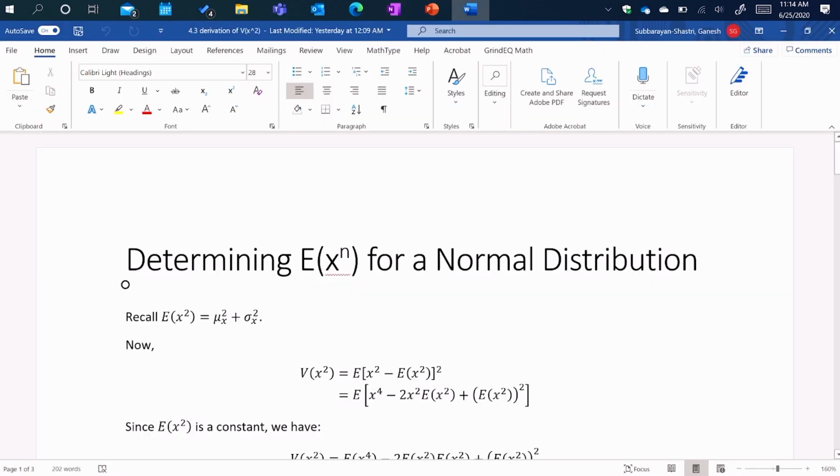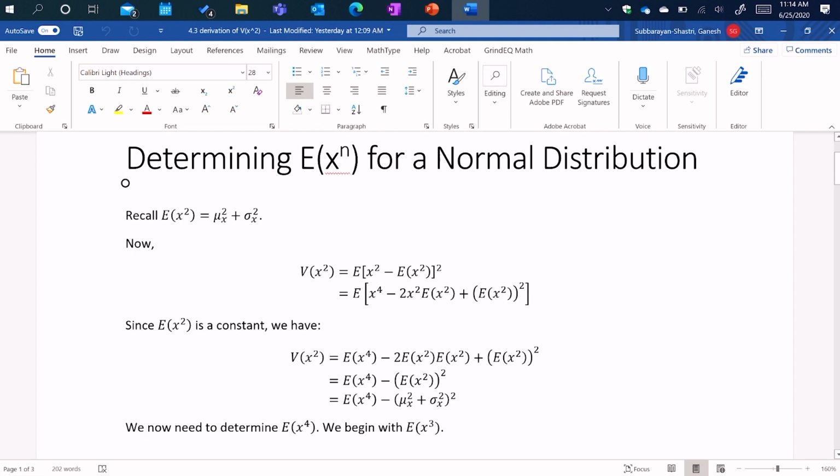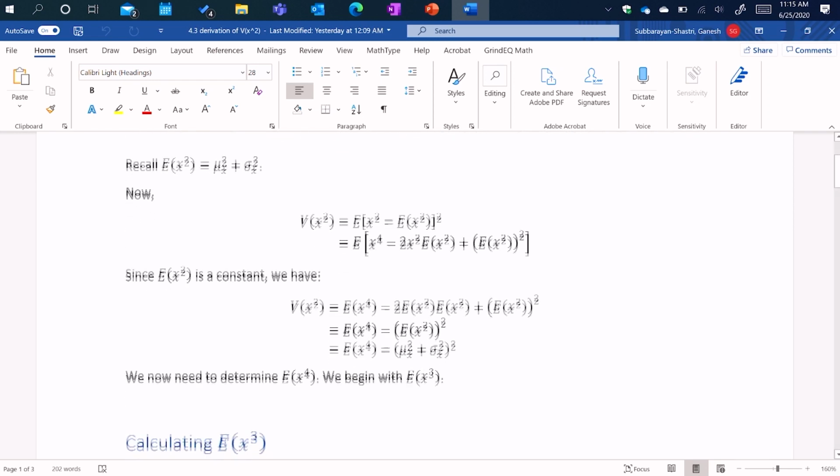Let's go back. There is a general derivation, and this is intended as a handout. This is not something I'll go through in great depth, but what it gives you is a derivation for variance of x squared in detail for normal distribution.